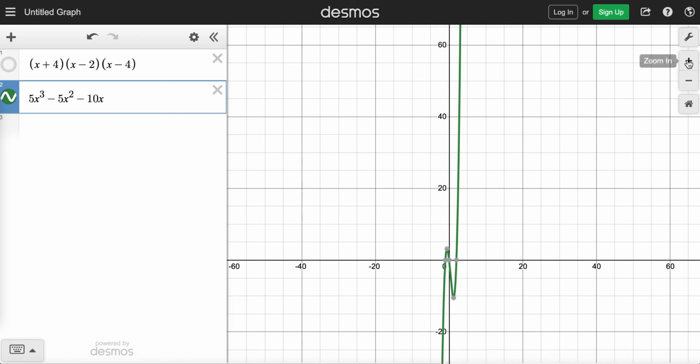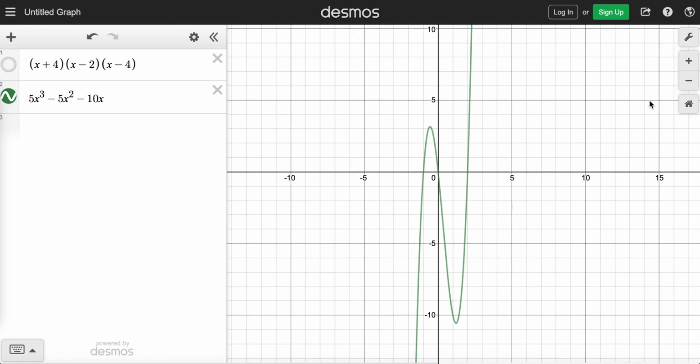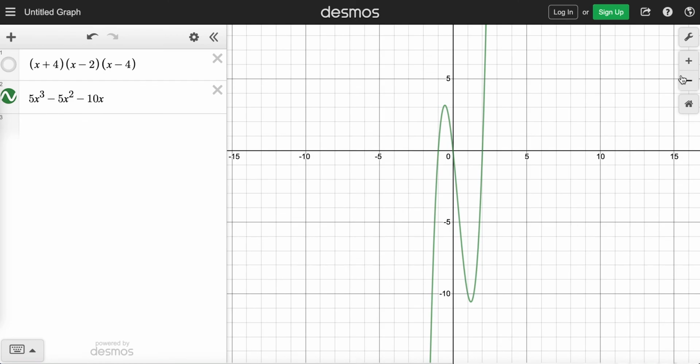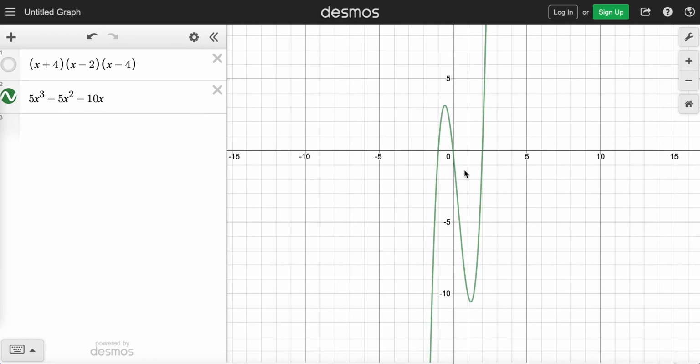All right, so let's zoom into the important part of this equation right here, and we can see a few things about it. Desmos is great in this way. It gives you a lot of information. What we can do is click on this, and we'll see all these gray points here. So there are the zeros that we looked at before.